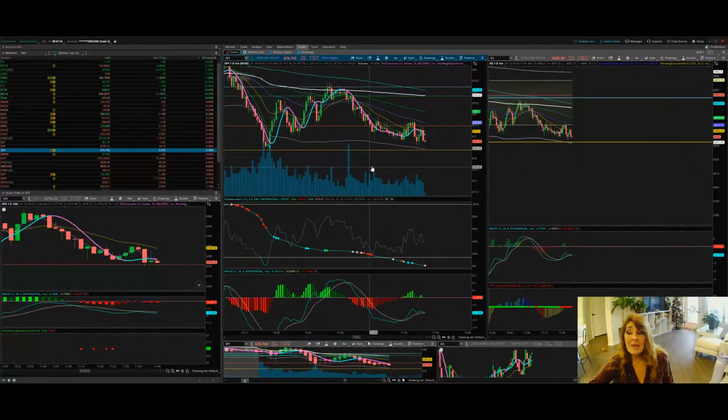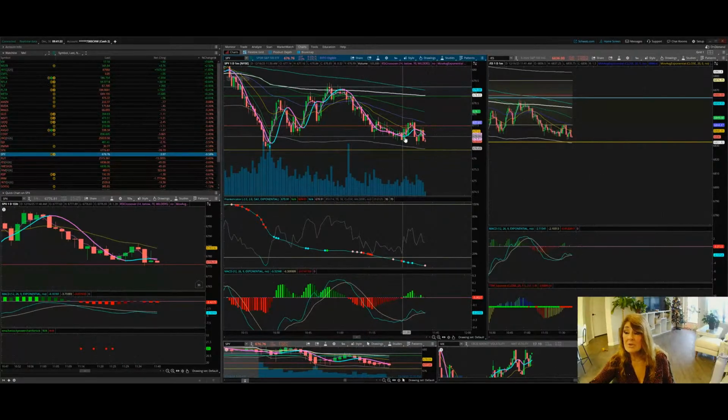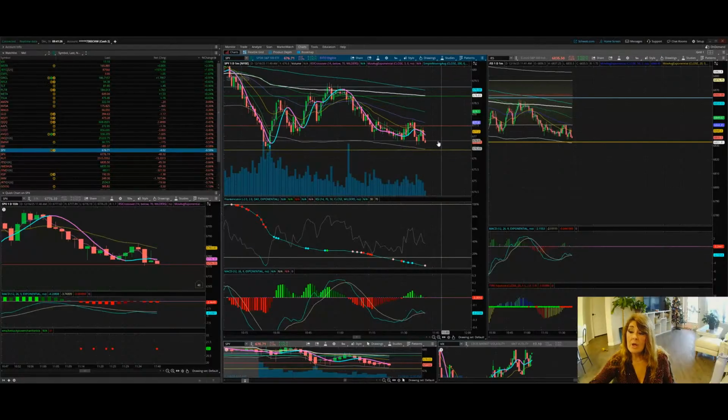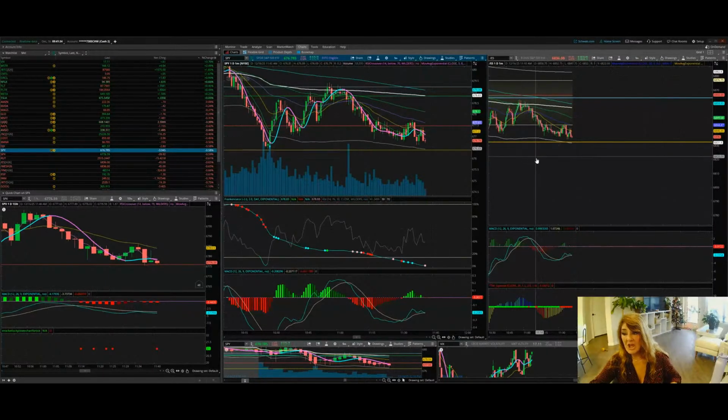Now, doesn't mean we can't, doesn't mean that this thing can't just turn and dump. There might be sellers waiting. We don't know. But right now, it looks to me like we're going to hold this area for the lows of the day. If it changes, then we trade like water and we change with it. All right.